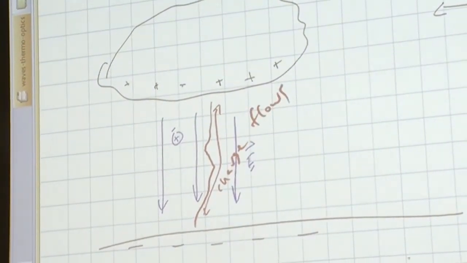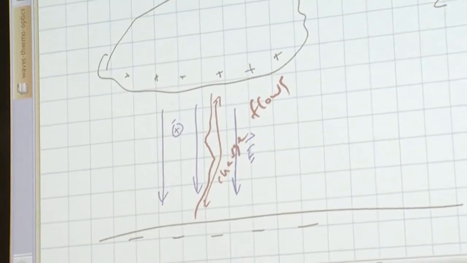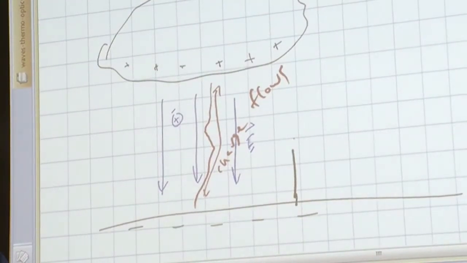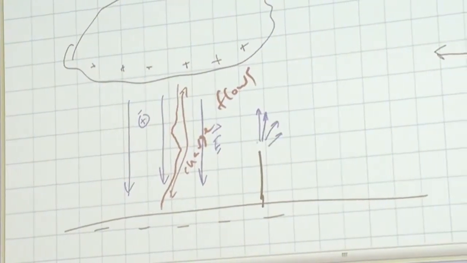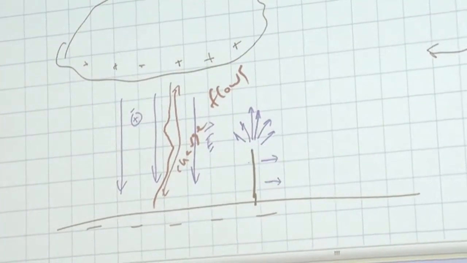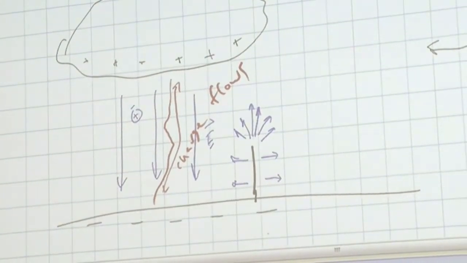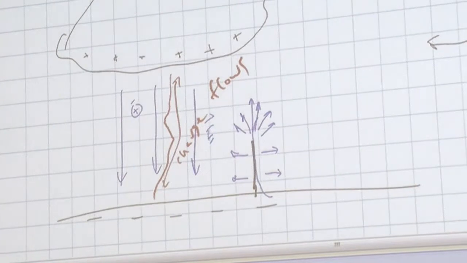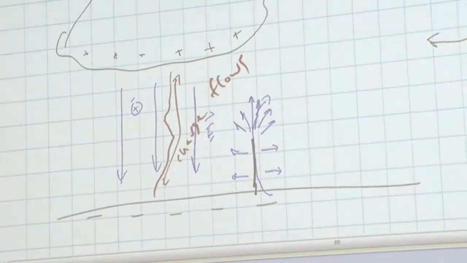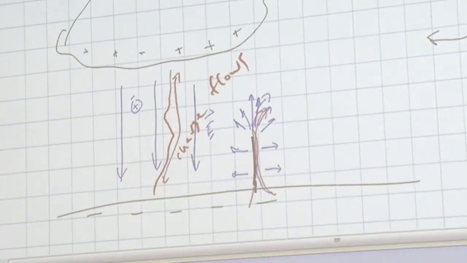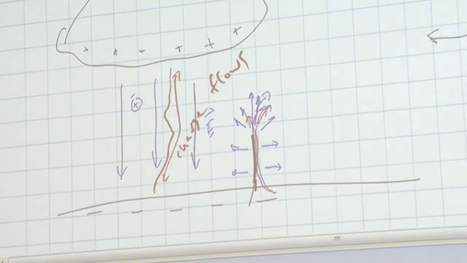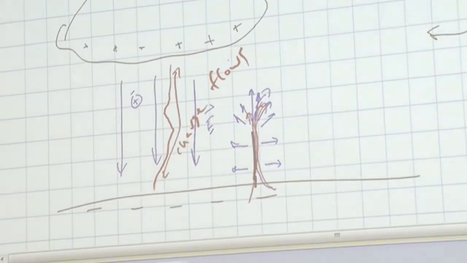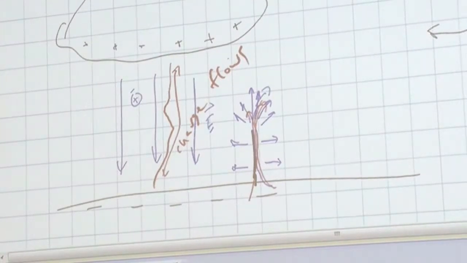Okay, so what does a lightning rod do? You put a lightning rod in, and you create this very strong electric field right here. And some of these charges, that electric field is so strong, some of these charges then can dissipate into the air, and you can get some of the charges to bleed off of what's on the ground, the building, whatever it is.